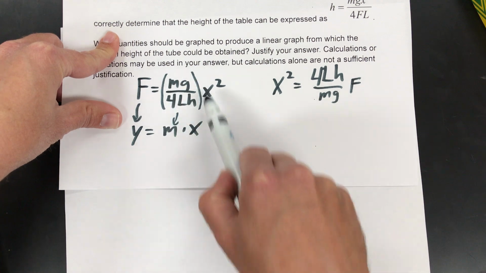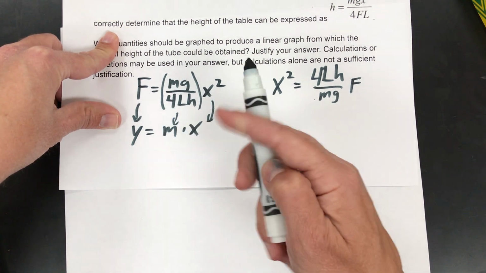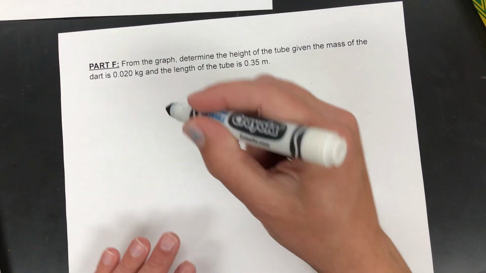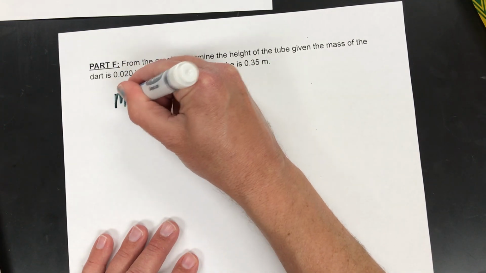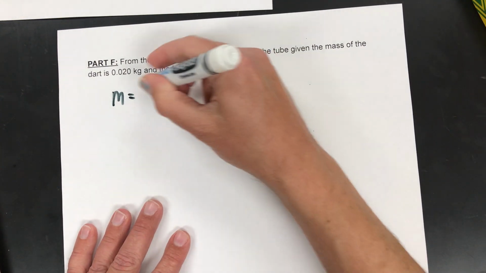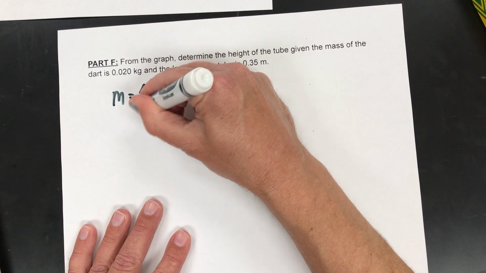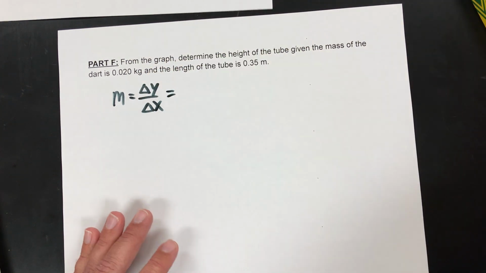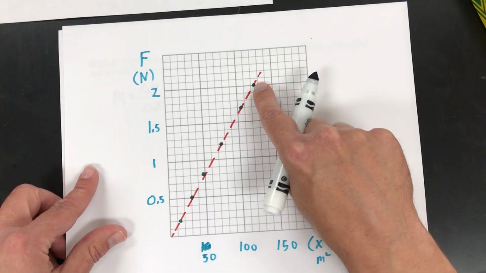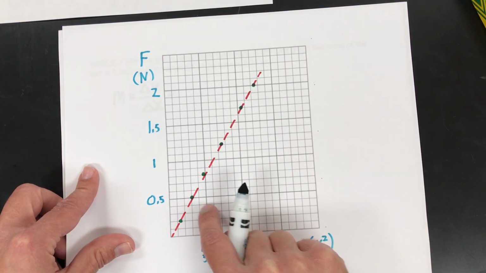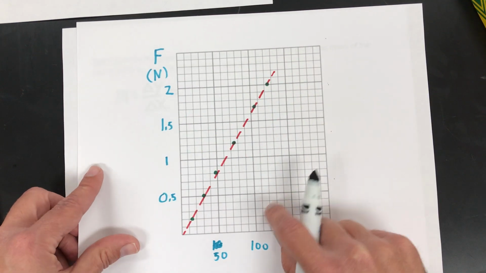Remember I said all of this is my slope. So I'm going to have to find my slope first. So m here is going to stand for slope, not for mass. Remember, slope is the change in the y over the change in the x. So one thing they would like to see you do is not necessarily use these data points, but find points that are on the line.